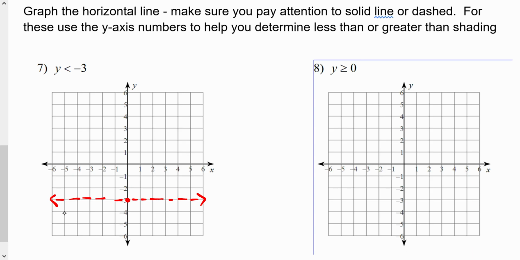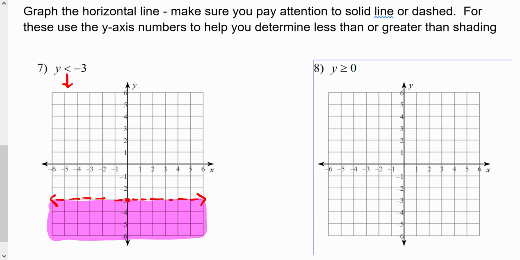And then because it is less than, we need to shade below. Same thing as before, anything that is in the shaded region, those dots would be solutions to the inequality. It will make it true. Because it doesn't have an equal sign and we use that dashed line, anything on the line is not a solution. And then anything up here in the unshaded region is not a solution either.